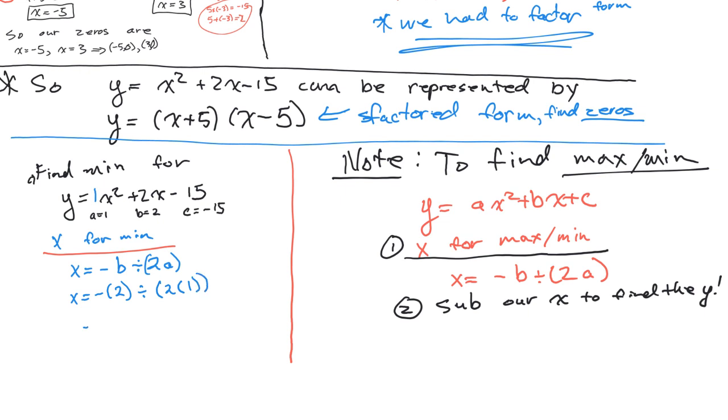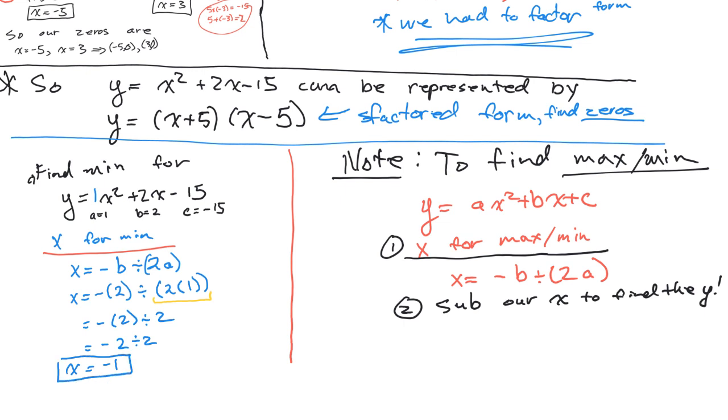Now, if you're doing this by hand, don't punch it in the calculator right away. Just put negative bracket 2, and we're going to simplify this part here. So 2 times 1 is 2, and then negative 2 in brackets is just negative 2, so we get negative 2 divided by 2, which is negative 1.